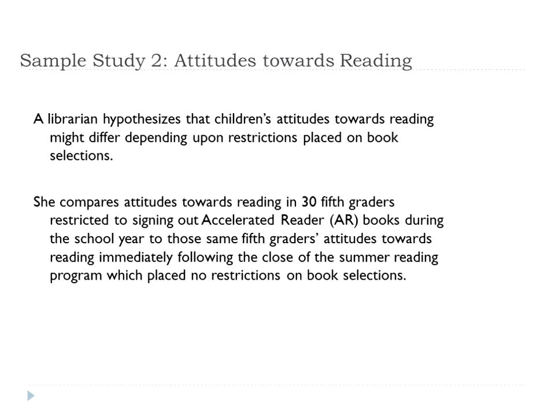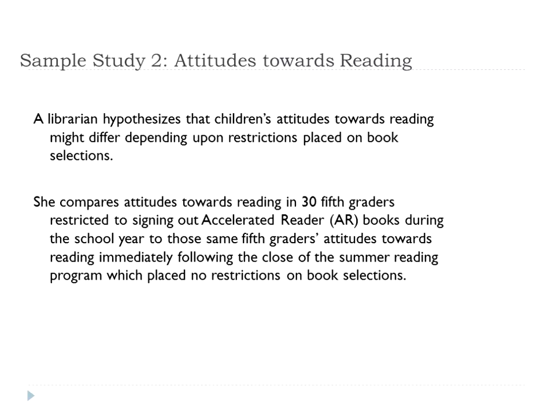Here's my second sample, attitudes towards reading. You saw this study or something like it in the data management lecture series. I've refined it a little bit here because I wanted to talk about a few things. So here we have a librarian who hypothesizes that children's attitudes towards reading might differ depending upon restrictions placed on their book selections.